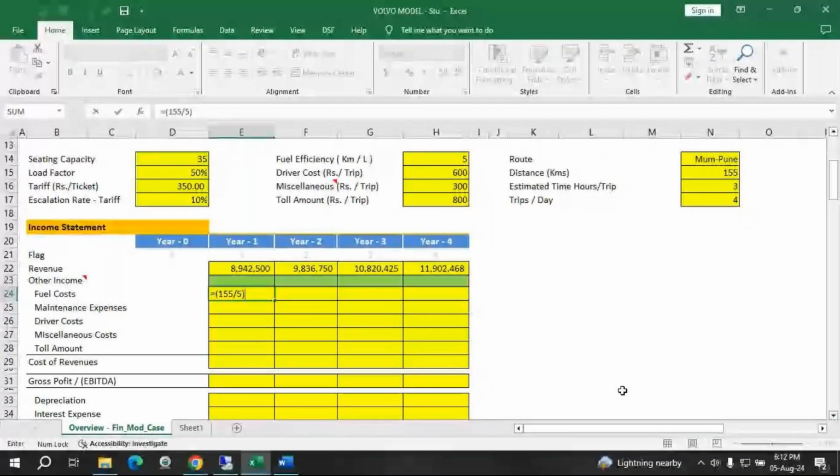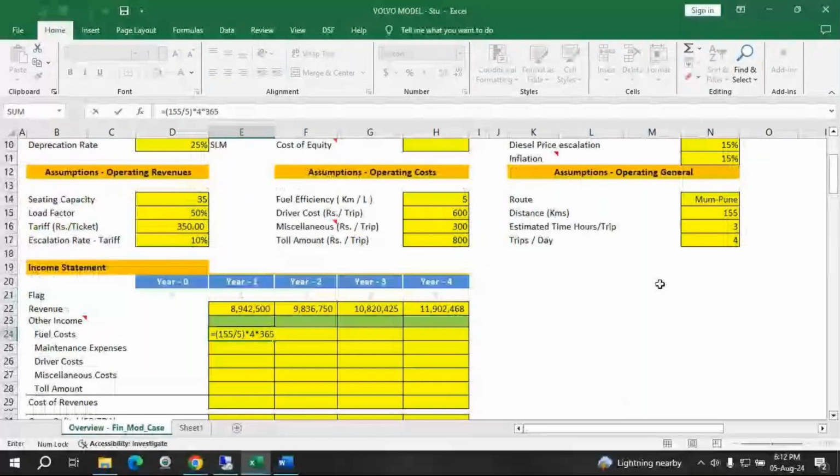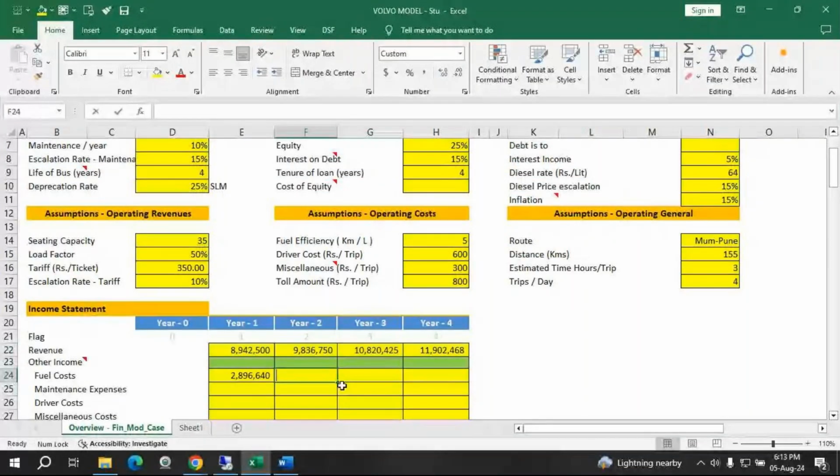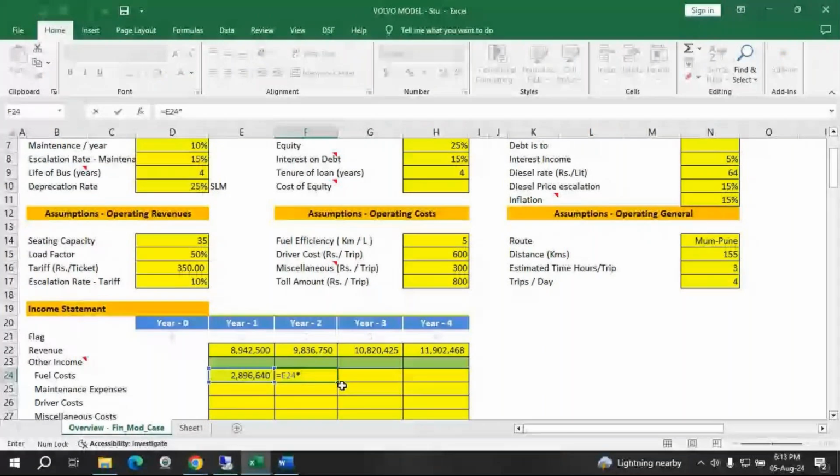This is for 365 days, and the cost of the fuel is 64 rupees, so into 64. So 155 is the distance, fuel efficiency is 5 kilometers per liter, 365 days, and the cost of diesel is 64 rupees. And the diesel price escalation they are telling is 15%, so equals previous year value into 1 plus 15%. I'm going to drag this.